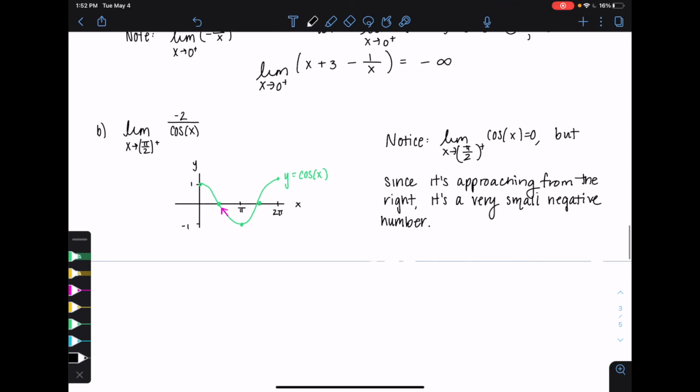So my numerator is going to -2. My denominator is a really small negative number. Negative over negative cancels out, gives me something positive. So here the numerator approaches -2.